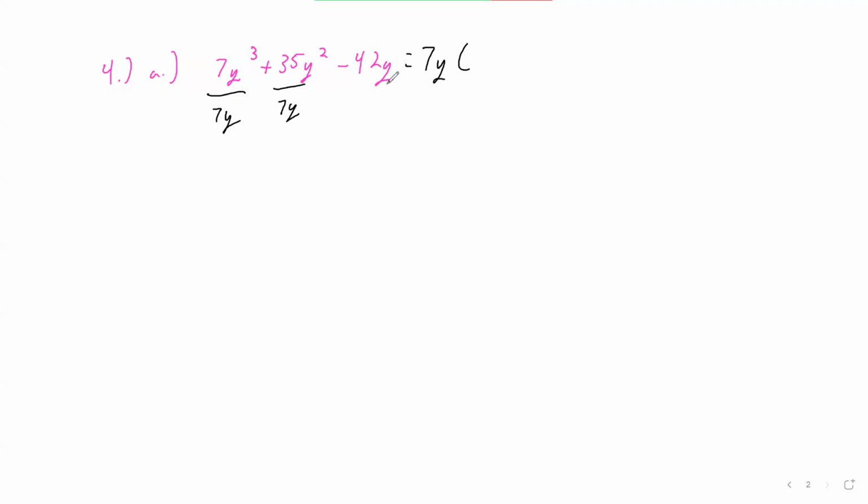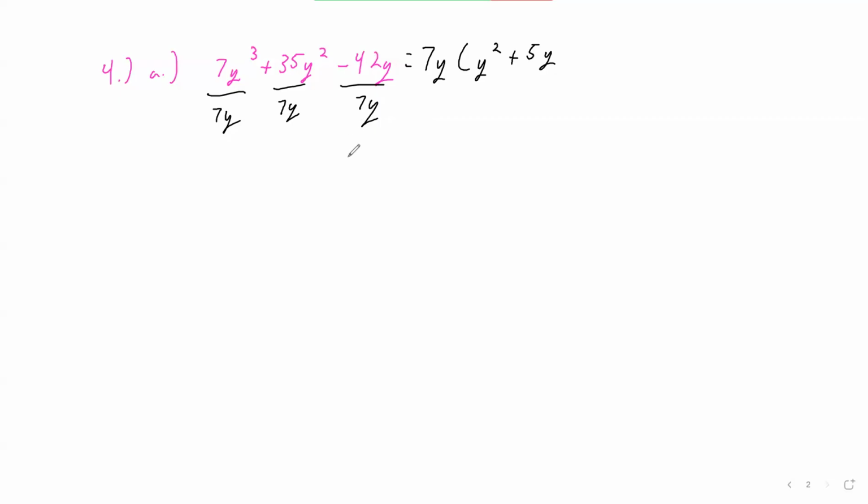Not group them, I'm going to divide them. So 7y cubed divided by 7y would be y squared. Very good. Plus 35y squared divided by 7y. 5y. Good.